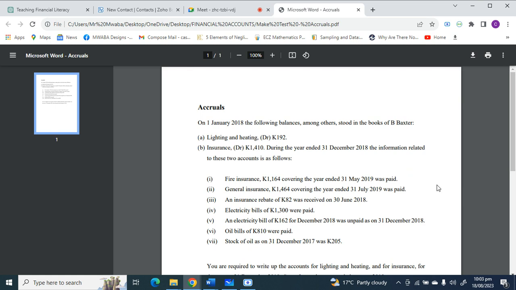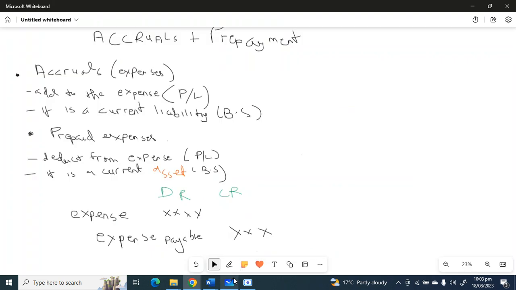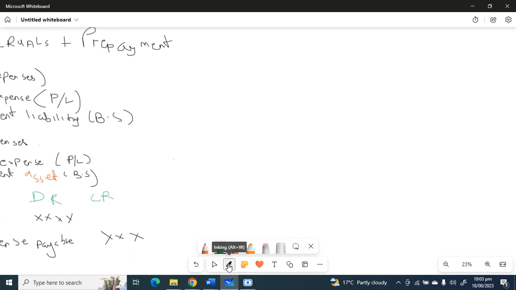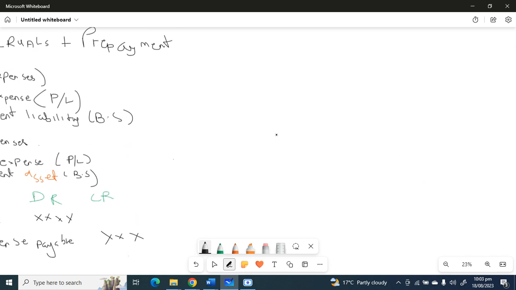This is what happens whenever there's a prepayment. As I said, there are two methods: the expense method and the asset method. I use the expense method because it's in line with how you make the adjustments for prepayments in the financial statements.